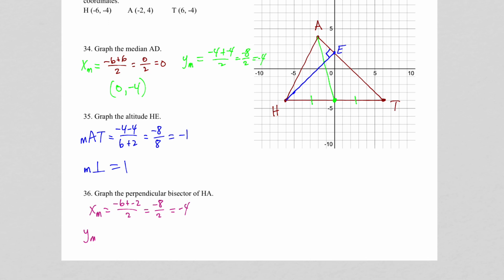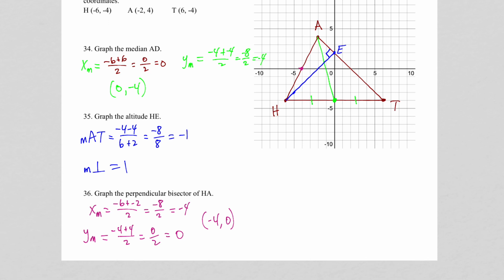The y value of the midpoint is negative 4 plus 4 over 2. So the midpoint is negative 4 for the x and 0 for the y, which is in fact right there.